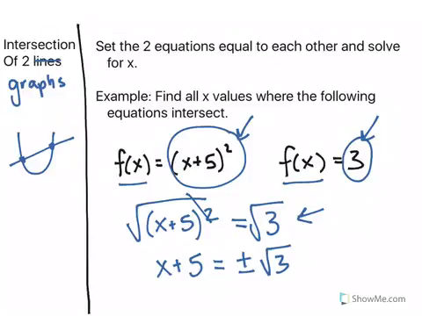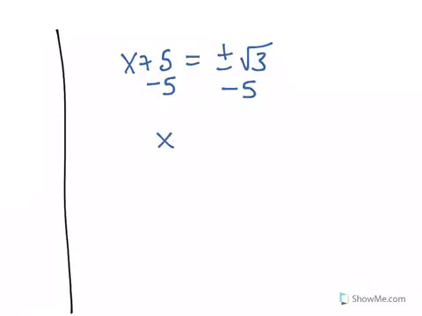Now we just need to get x alone. We just subtract 5 from both sides. That leaves us with x equals negative 5 plus or minus radical 3.